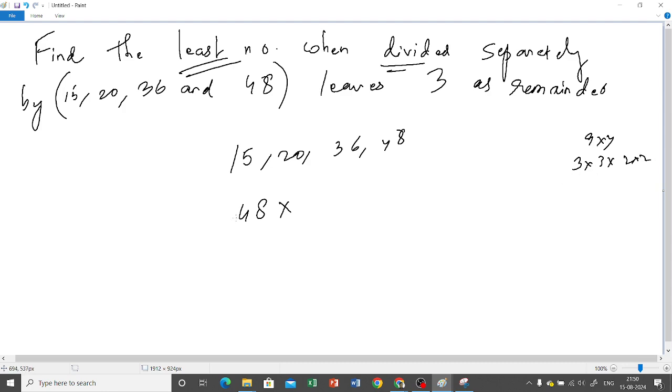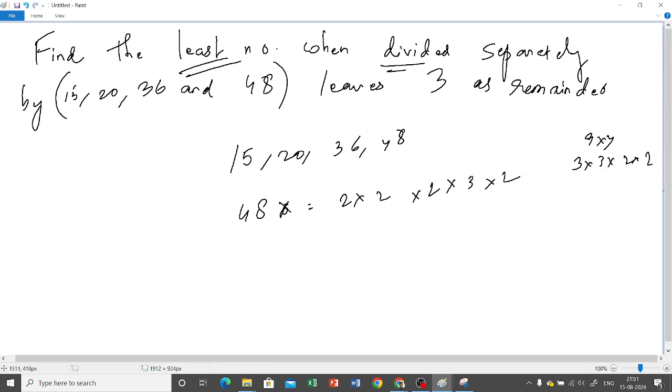Do we have two threes over here? 48 is 4 into 8, 8 is 4 into 2, yeah. 48. So 36 is 9 into 4, that is 3 into 3 into 2 into 2.